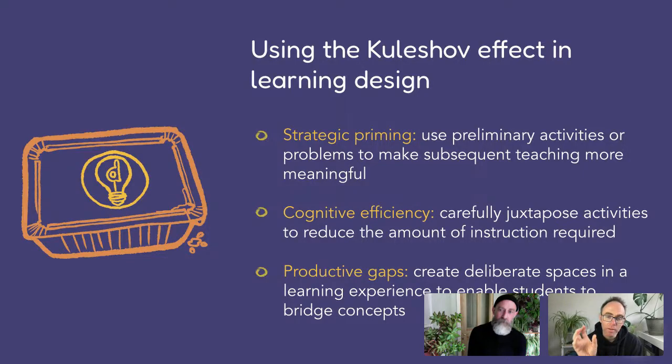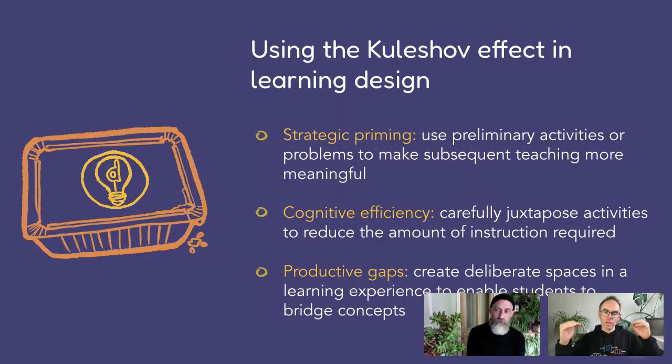So that was strategic priming, and then I love this cognitive efficiency. Unless you're thinking about what happens in the minds of your learners, what happens in the gaps, the danger is that you fill those gaps with instruction or teaching. I think this is just as true for learning design. If you don't think about the spaces as much as the content, then you fill the spaces with content, and suddenly you've got a ton of content.